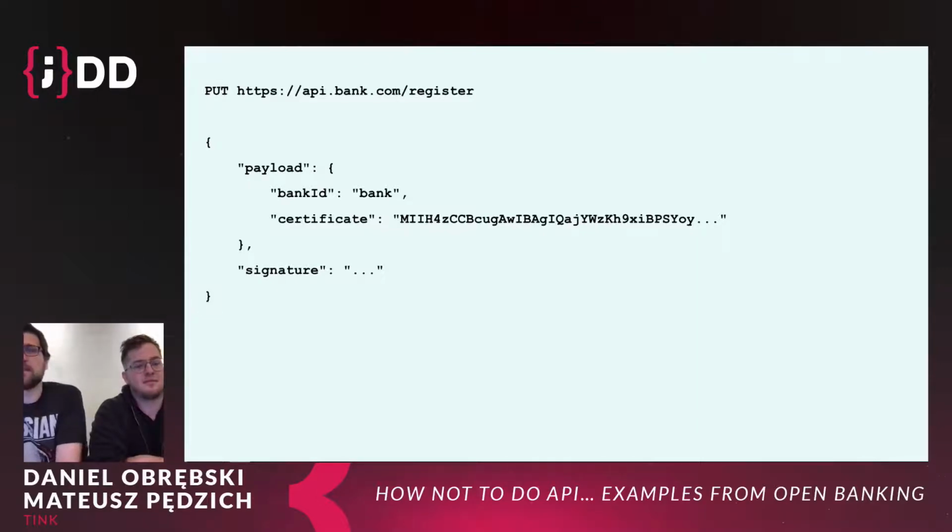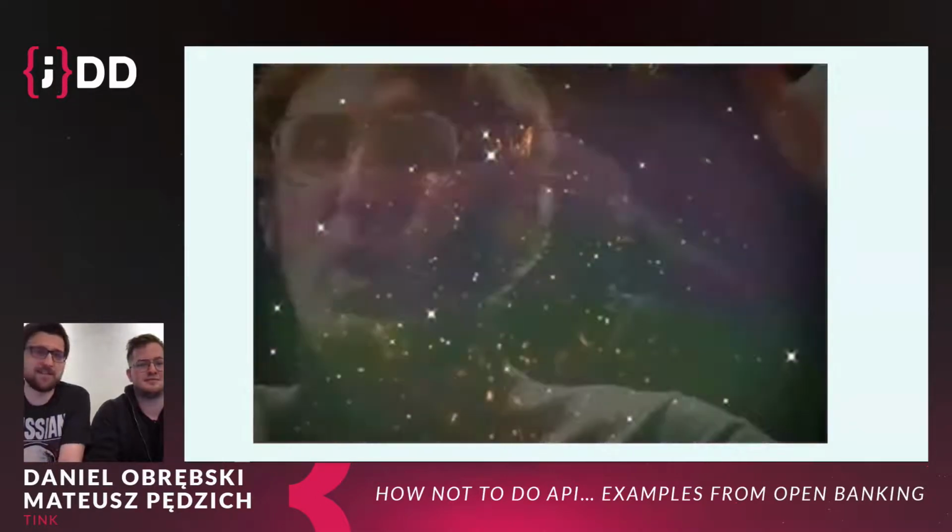Because these banks don't provide good documentation, and they say that you need to sign the payload, which is standardized JSON. But what is the standardized JSON, and where does the payload start? With the bracket or with the text payload? We don't know, and there are no proper examples. And of course, the response is also a bit weird without any details. So it pretty much ends like that, especially if we succeed.